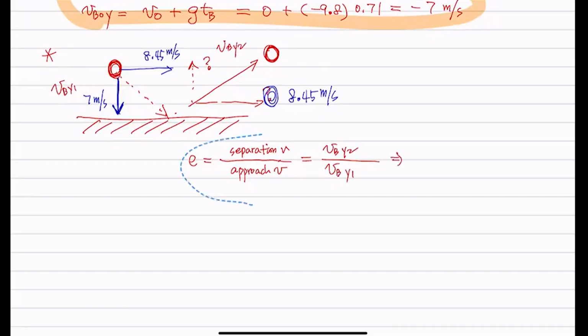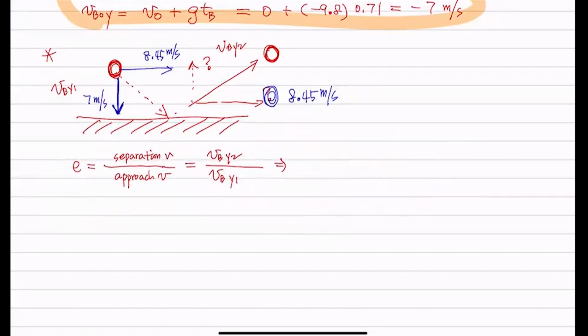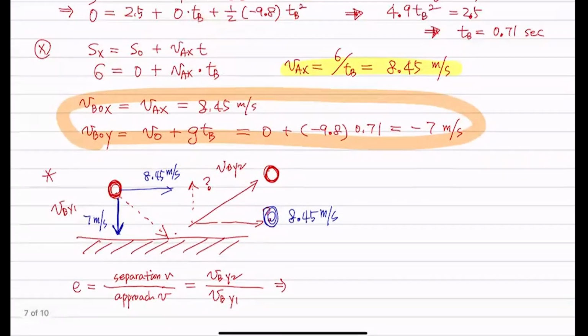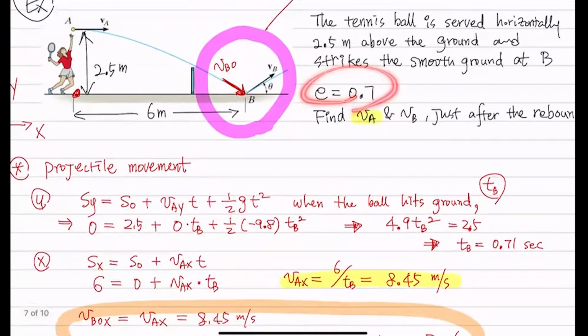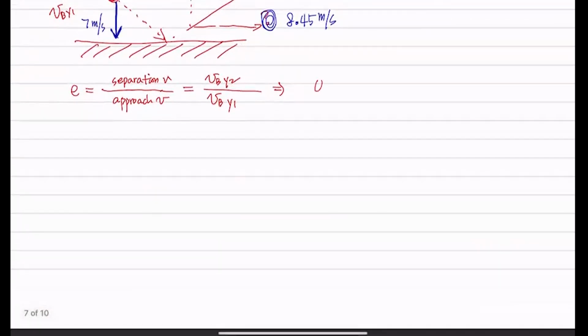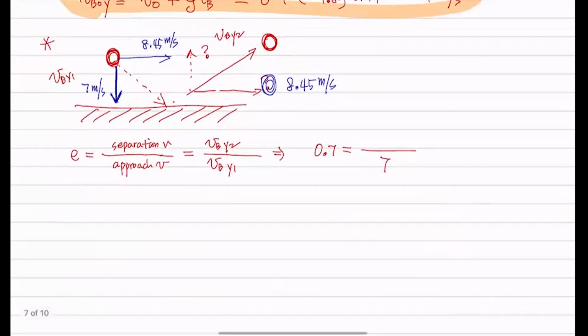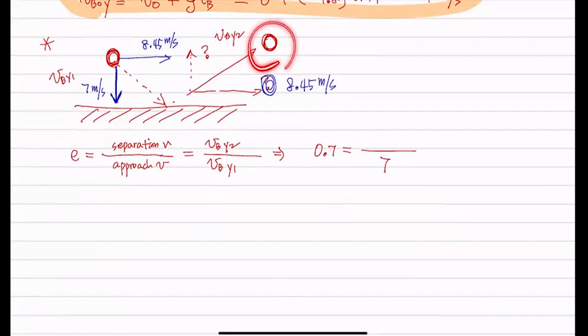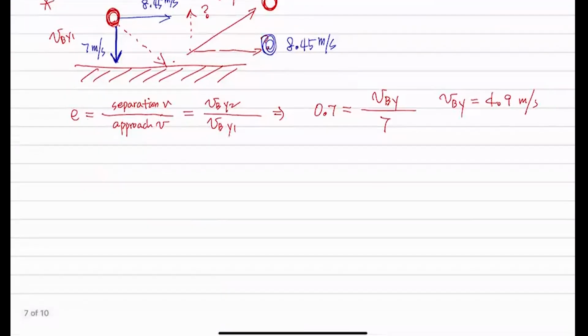So e was given as 0.7, right? So if we use that number, 0.7 equals the velocity going out, VBy2, over the velocity coming down, which was 7. And VBy2 is going to be 4.9 meters per second. So we can find this out.